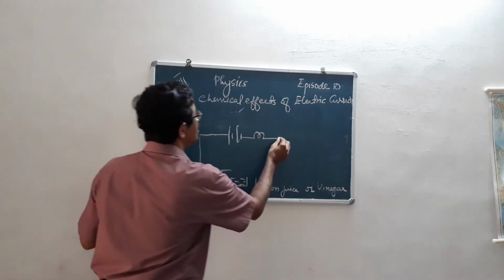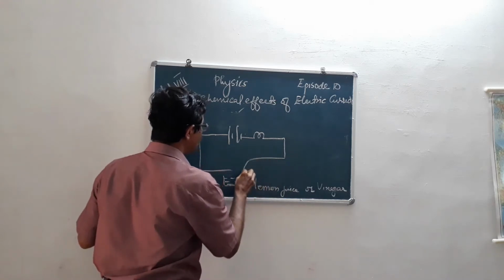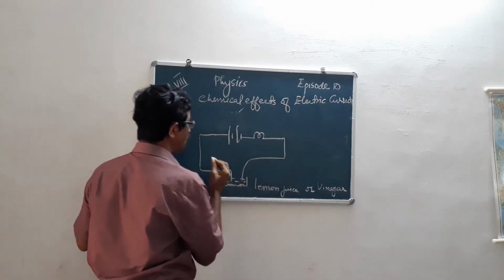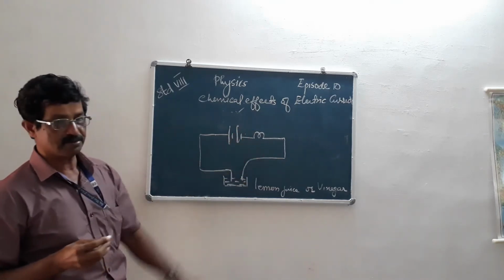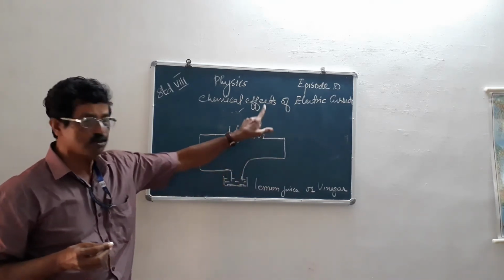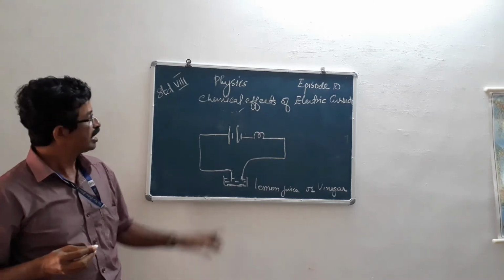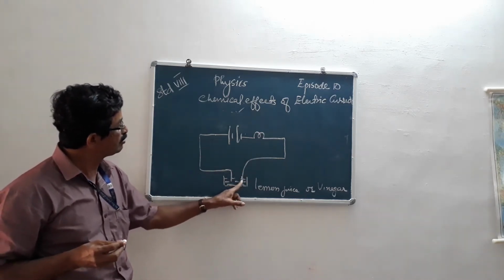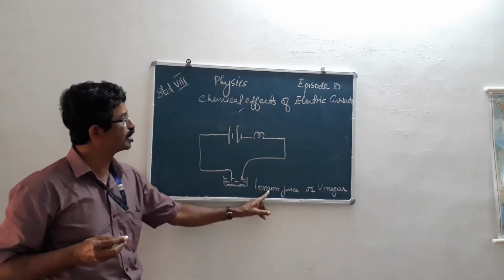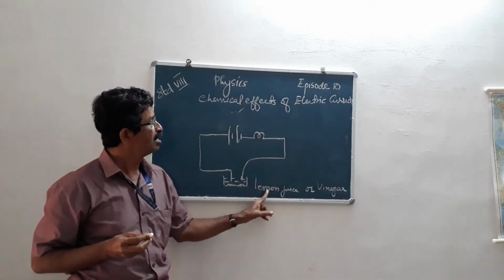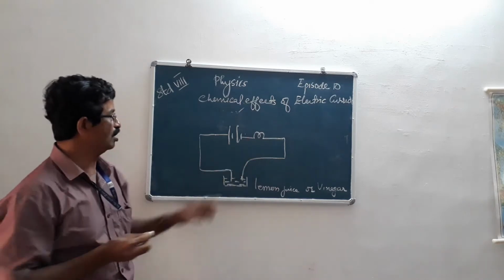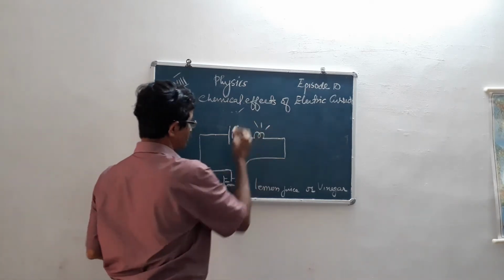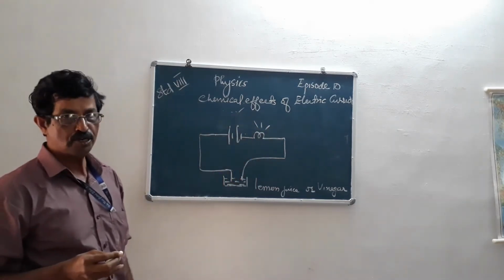Then you bring the free ends into the liquid, and if the bulb is glowing, then the circuit is complete.